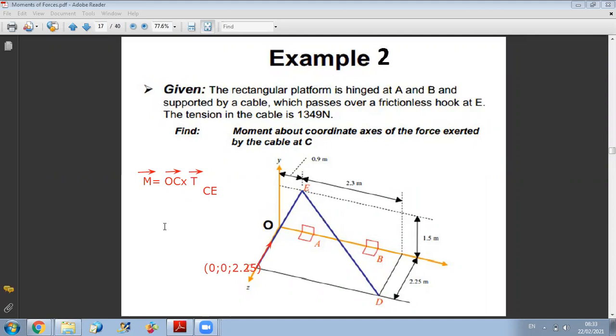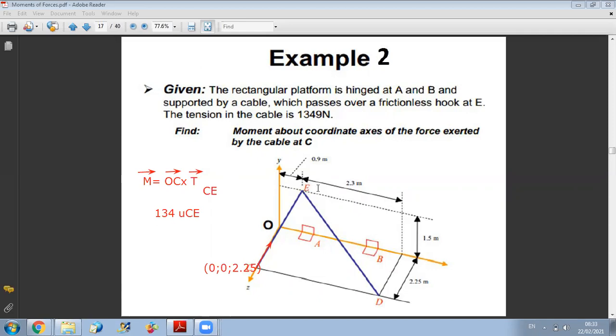Exactly. It's the magnitude of T times the unit vector of CE. Okay? So I can write that the TCE vector is the magnitude, which is 1349 times the unit vector of CE.